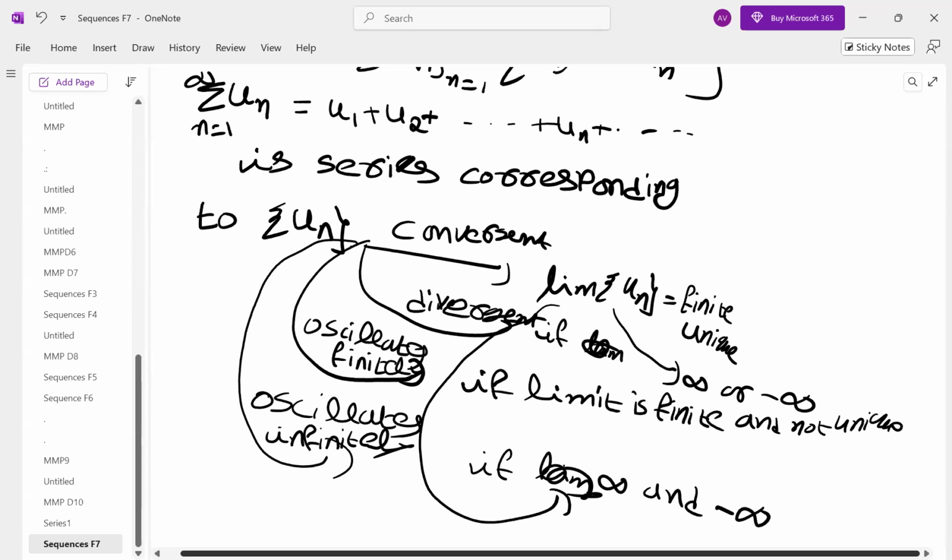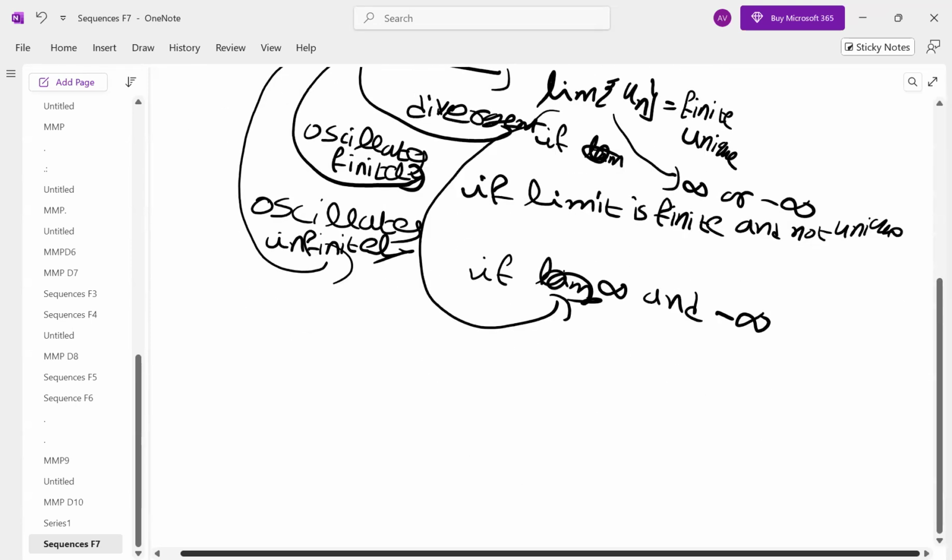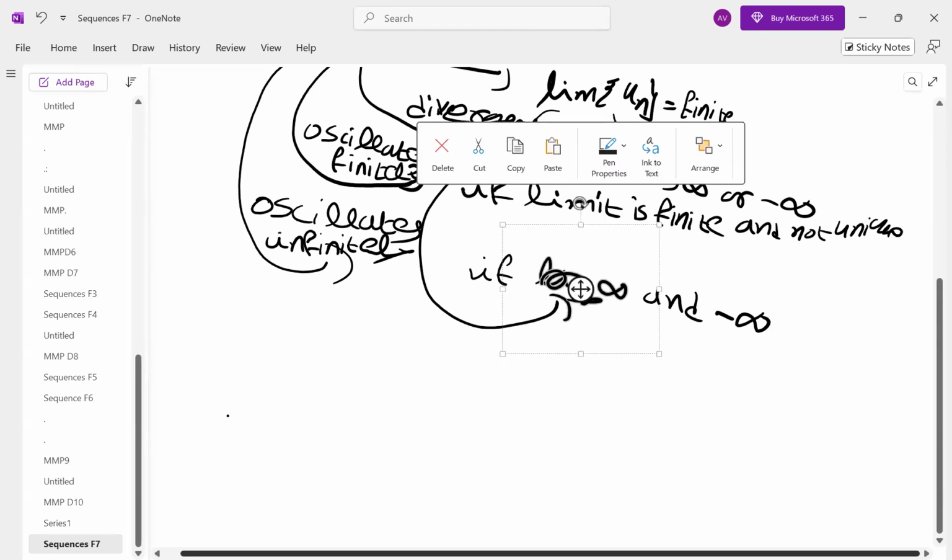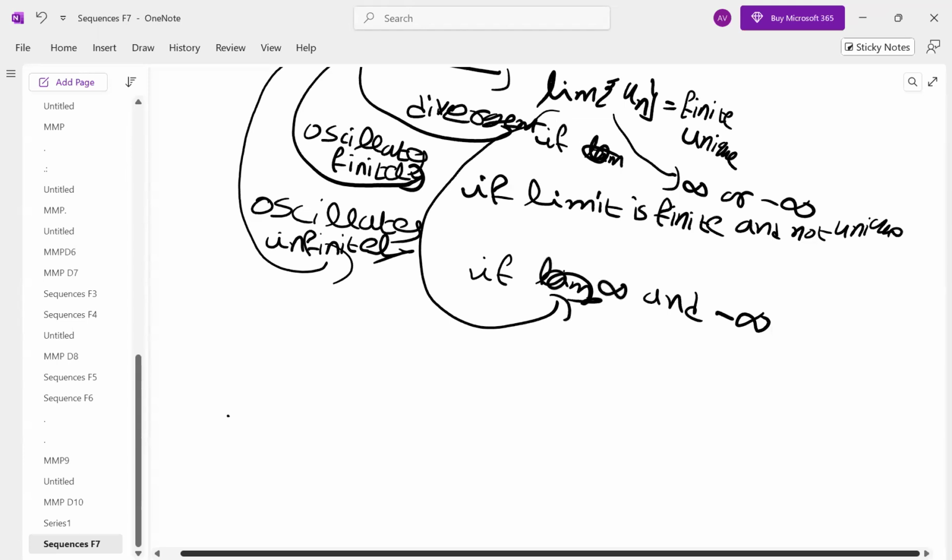Now we want to know what about the series. This is about the sequence. How about the series? So the question arises, if the sequence un is convergent, can we say the series is convergent? The answer is, need not be. Then how do we test it first of all?